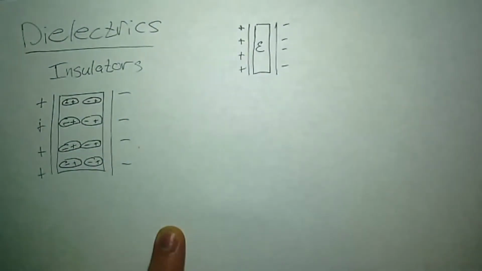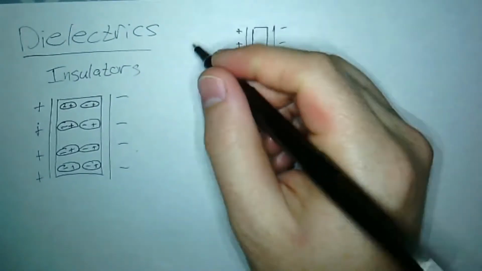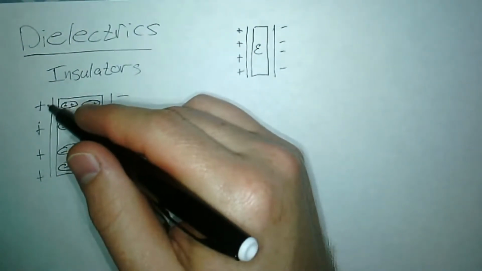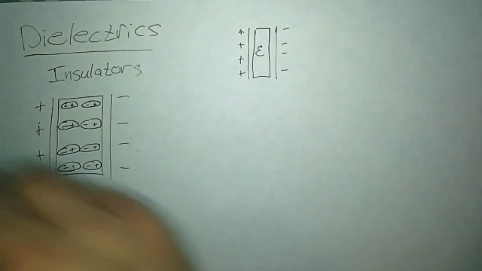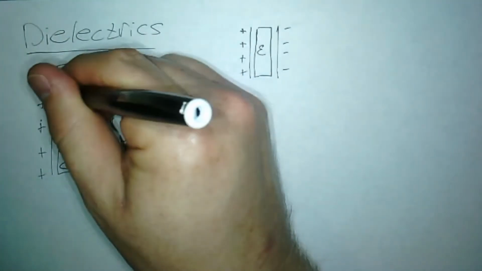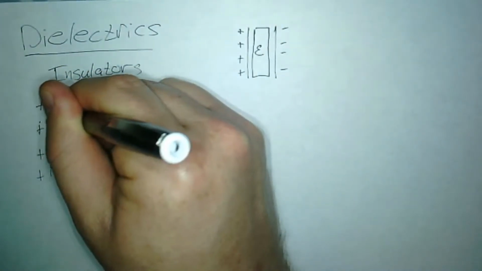Alright, so from the macroscopic scale, you expect the electric field to go from positive to negative, right? So you should have fields that look like this throughout.